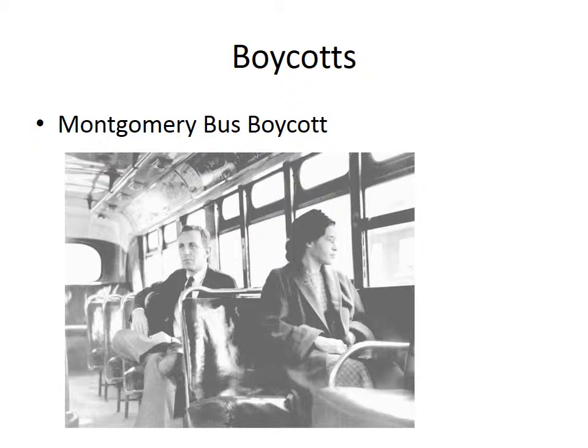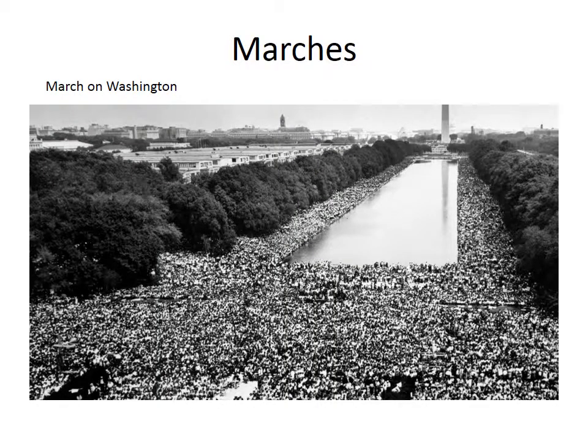The civil rights movement picked events and did things to bring attention to the problem, and one way they did this was in marches. The most famous march, of course, is going to be the March on Washington, where thousands of people go to Washington to protest and demand equal rights.